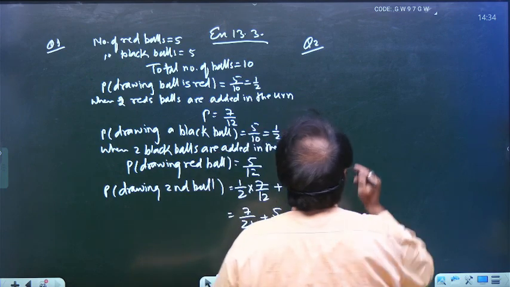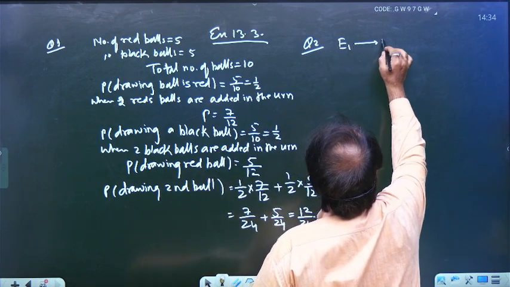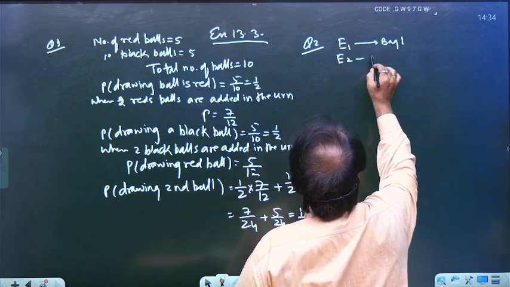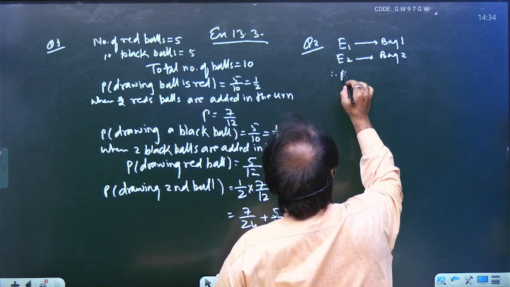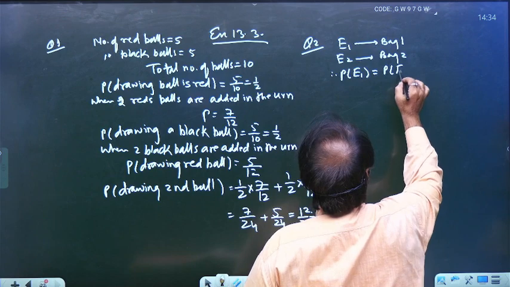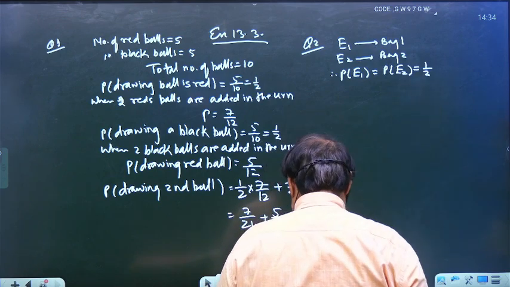So let E1 be the bag 1 and E2 be the bag 2. Therefore probability of E1 is equal to probability of E2 is equal to 1 by 2.